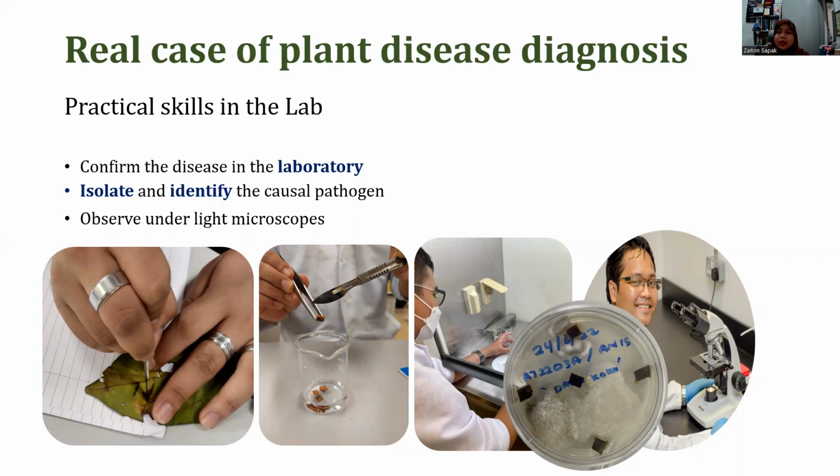For example, they cut the samples, surface sterilize them, grow them on media, and then observe under a light microscope to isolate the potential pathogens. They also need to complete Koch's postulates in order to confirm the real causal pathogen of the particular disease.